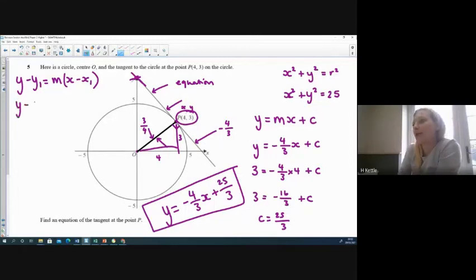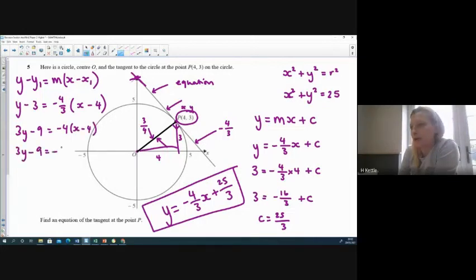So y minus 3 equals minus 4 over 3, x minus 4. And then we can just times both sides by 3 to get rid of this and expand it out. So 3y minus 9 equals minus 4x, add 16, and that becomes 3y, let's add the 9, so 3y add 4x equals 25.